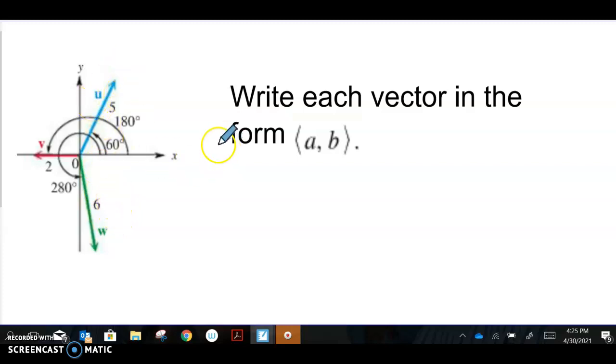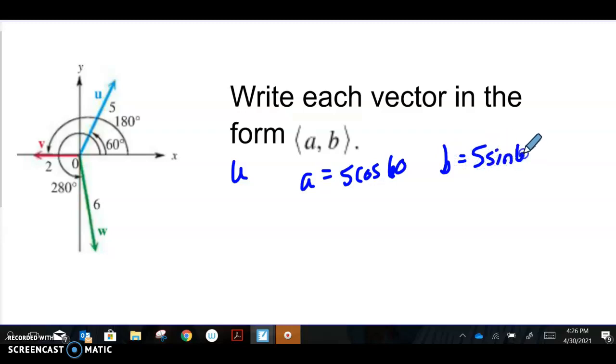But for vector U, if I want to write that in the form <a, b>, and I know the magnitude of U is 5 and the direction of U is 60 degrees, then I know that a is 5 times the cosine of 60, and b is 5 times the sine of 60. The x coordinate is 5 times the cosine of 60, etc.